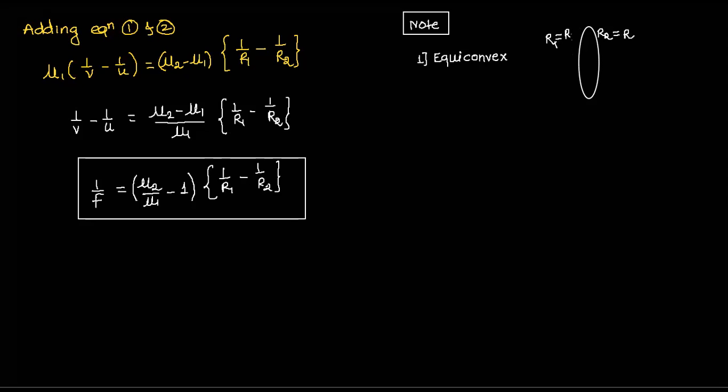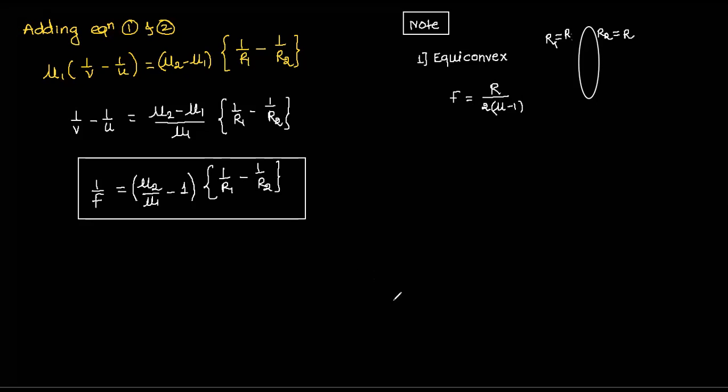Now if we will substitute here R and R, 1 by R minus of minus 1 by R, so it will become 2 by R. If we will substitute and do, what we will get? After this substitution, F is equal to R divided by 2 into mu minus 1. This formula turns like this.